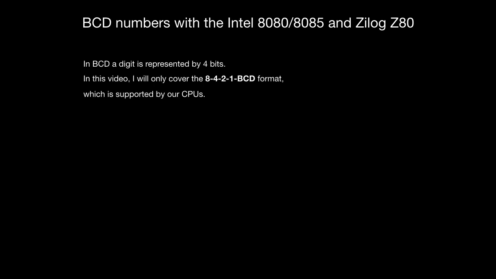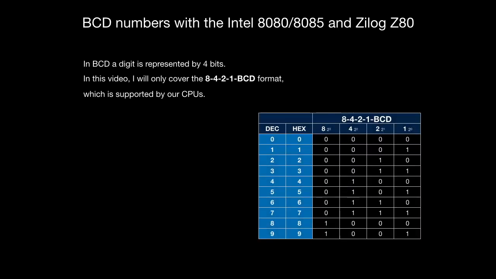In BCD, a digit is represented by 4 bits. The 10 digits represent decimal numbers from 0 to 9, which have the same representation in hexadecimal. The 8421 BCD corresponds with the binary format.